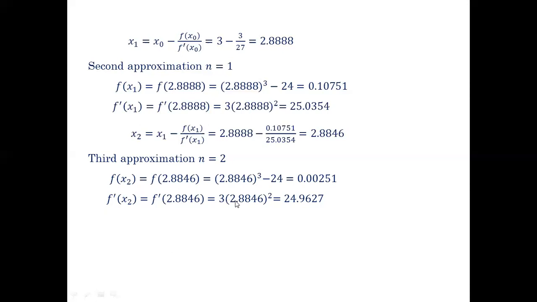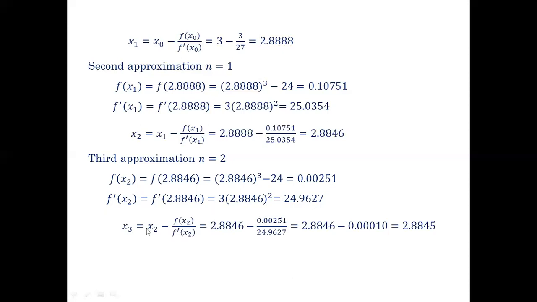So that is 3 into 2.8846 whole square, which is equal to 24.9627. The Newton's-Raphson formula for approximation n equals 2 is x3 equals x2 minus f of x2 by f dash of x2, which is equal to x2 is 2.8846 minus f of x2 is 0.00251 divided by f dash of x2 is 24.9627.